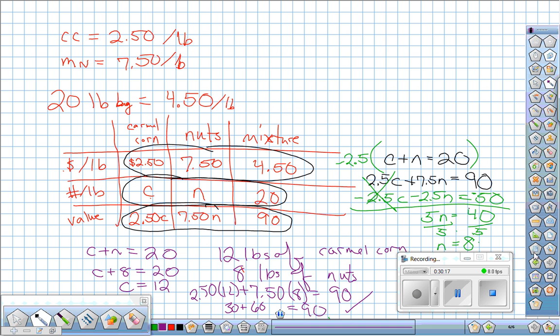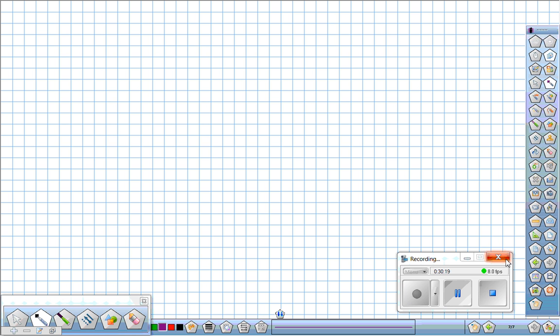Okay, then the next type of equation that we'll have is going to be a distance, rate, and time problem. So the problem is an airplane flies a 3,000-mile distance from Los Angeles to New York with a tailwind in 5 hours.